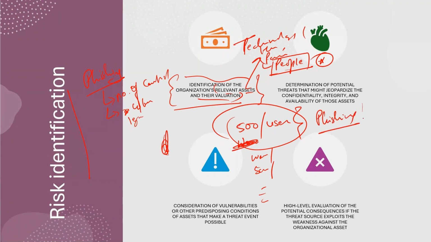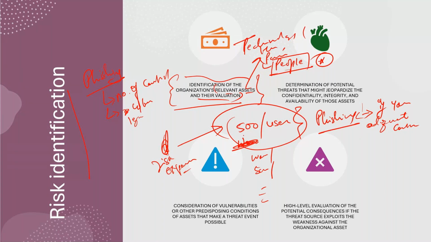Now, what if you don't have the adequate control, right? If you don't have the adequate control, my risk exposure is really all the 500 users, right? Isn't it?